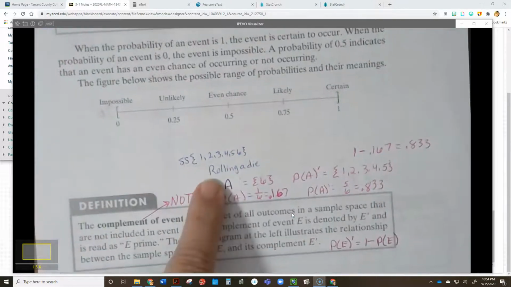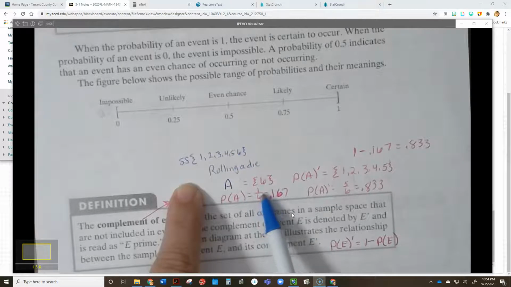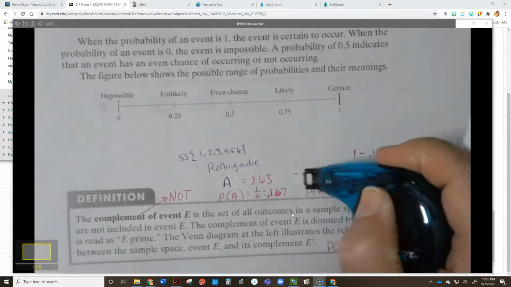So the 6 outcomes is what goes on the bottom. The one outcome in the event goes on top, and if you divide 1 by 6, you get 0.1666666.